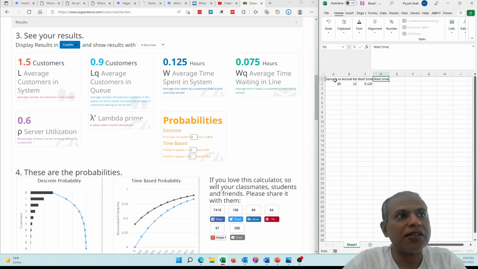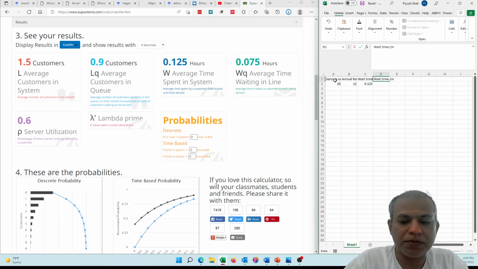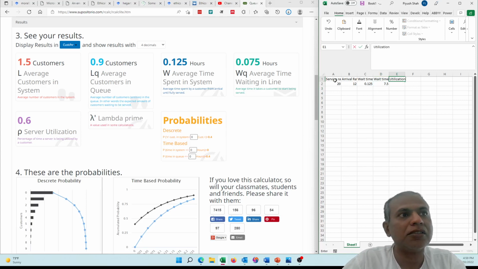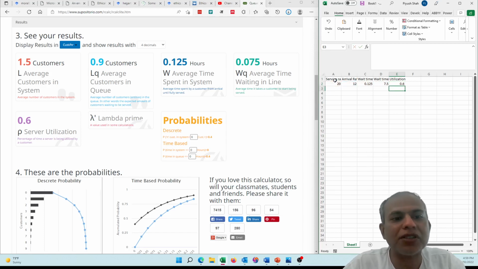Wait time in the system in minutes is equal to 0.125 times 60, and my resource utilization is equal to 12 divided by 20. We will check if the answer in the calculator is correct, which is correct, 60%. You can see the row here, 60%.